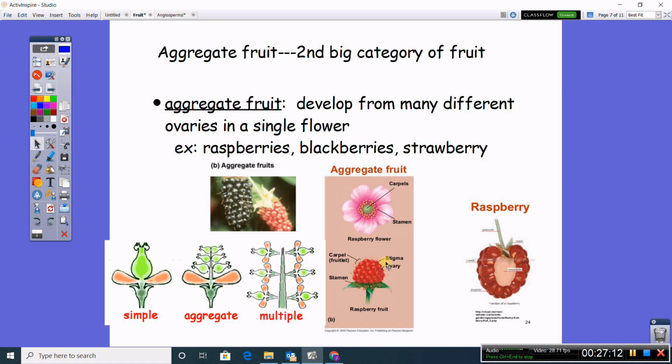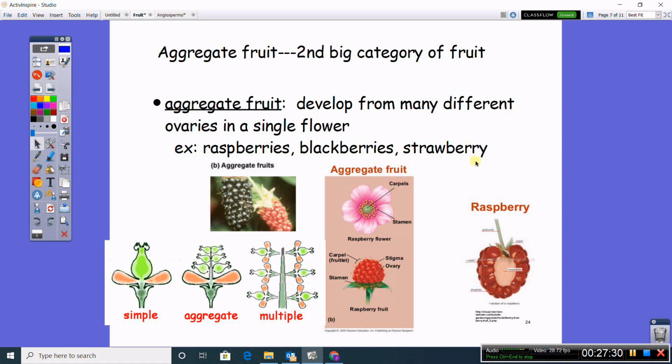And how do I know that's an ovary? Well, because the little thing that sticks out that you would call like a hair, that's actually the stigma connected to that ovary. So there are multiple ovaries, but they're part of the same flower.